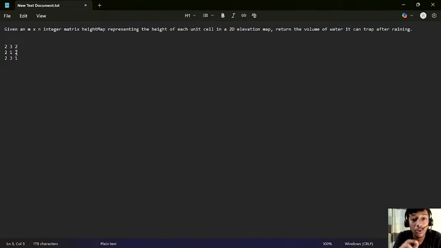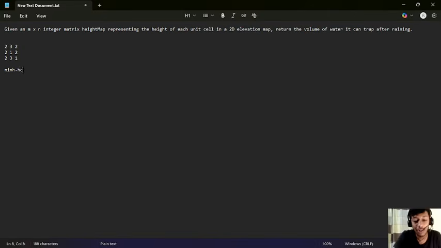So it can store 2 minus 1, which is 1 unit of water, because the height of the cell is already 1, and another 1 unit of water gets stored, making it 2. The minimum of all the four boundaries is 2, so only 1 unit of water can be stored. That is, the amount of water stored is the min height of the boundaries minus the height of the cell.